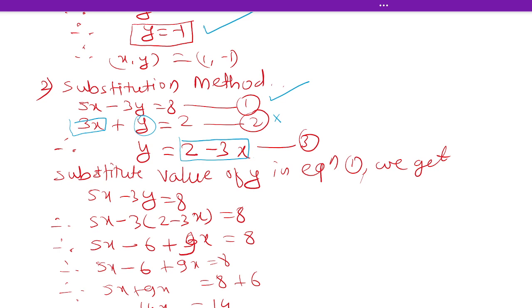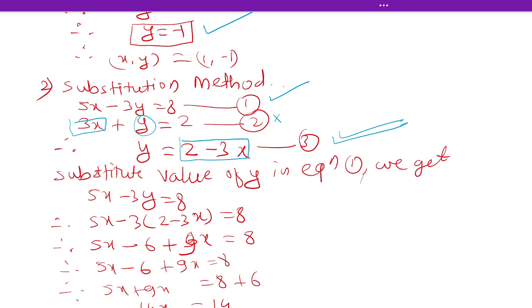Now, since we got x equals to 1, I am going to substitute this value in any one of these equations. For convenience, we will use equation number 3, because this directly gives us the value of y.